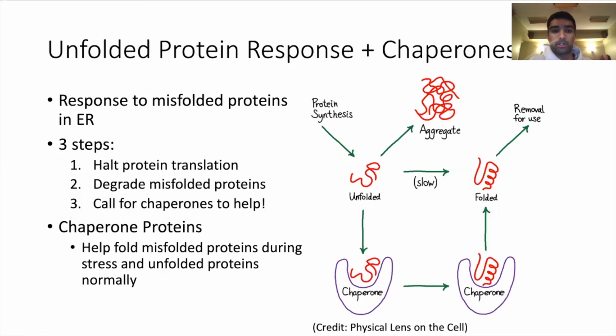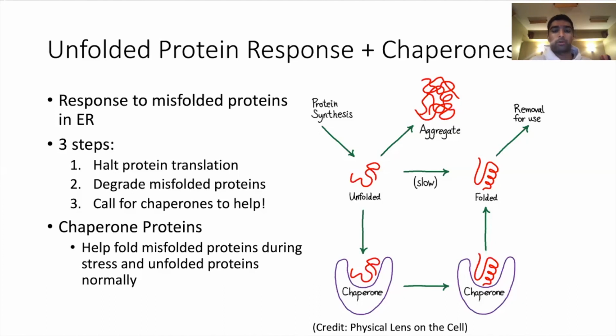The first step is once the cell has decided that there's too many misfolded proteins in the ER, it halts protein translation in the ER because you don't want more of those unfolded, nasty proteins to be created, and because you don't want them to come together, get tangled up, and form an inclusion body, for example.